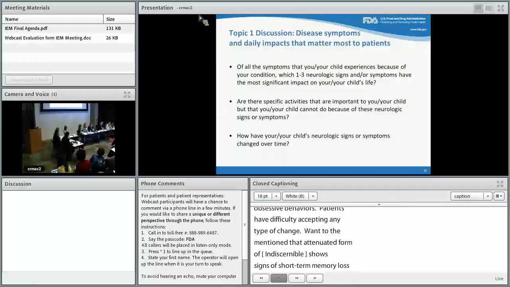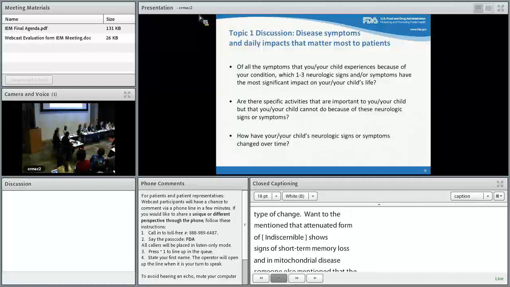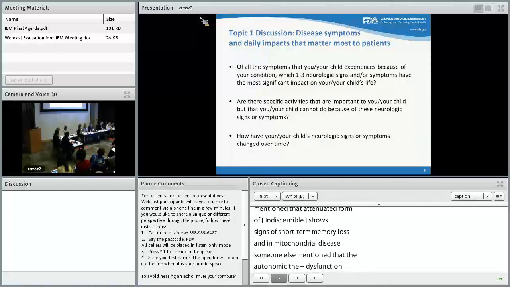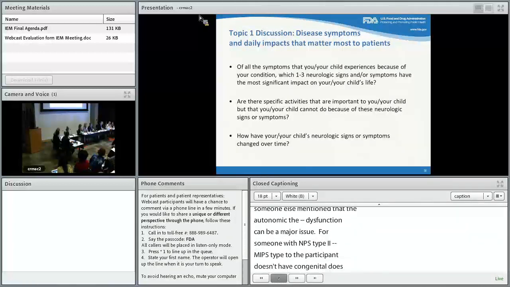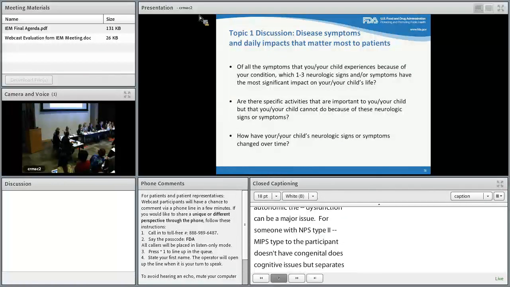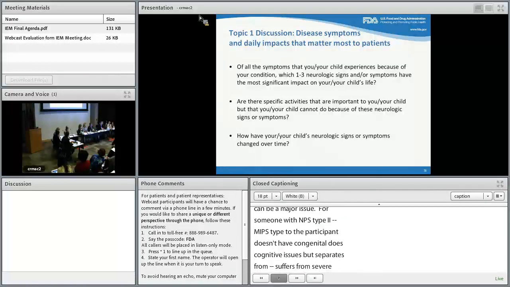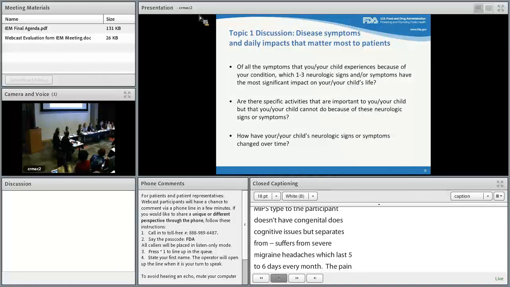And in mitochondrial disease, someone else mentioned that the autonomic dysfunction can be a major issue. And for someone with MPS 2, the participant doesn't have congenital cognitive issues, but suffers from severe migraine headaches, which last 5 to 6 days every month, and the pain is crippling.